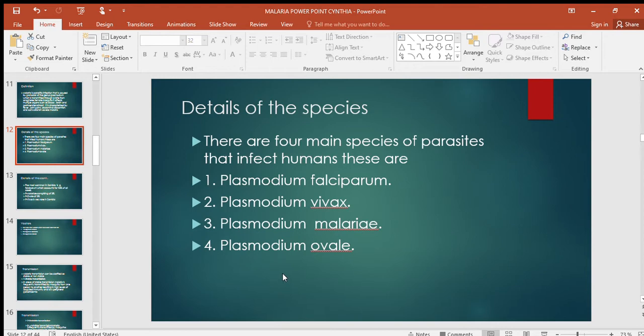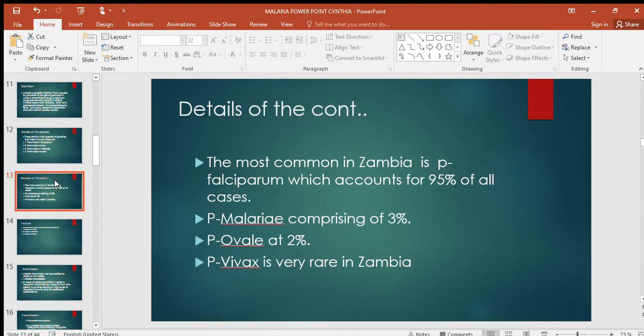Note that the most common one in Zambia is Plasmodium falciparum, and this is the one that we usually screen for because it accounts for about 95% of all malaria cases in Zambia.